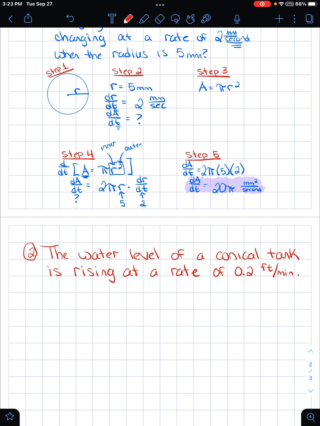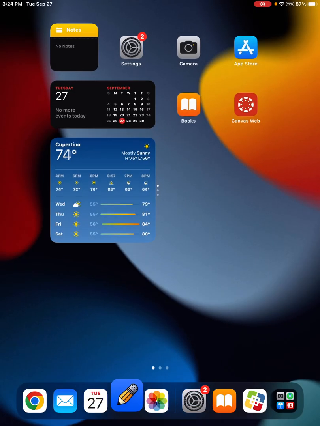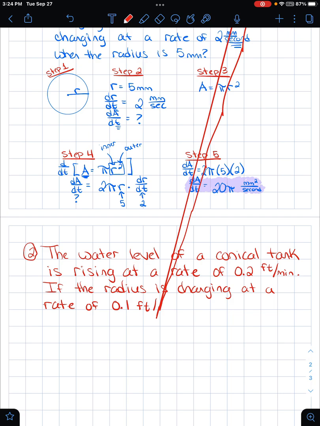If the radius is changing at a rate of 0.1, sorry, I really should have had these written out. Feel free to skip along. 0.1 feet per minute.